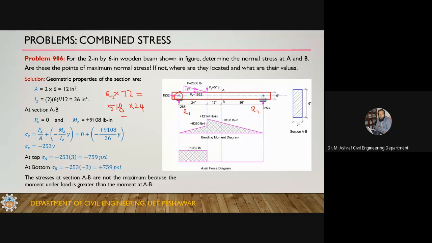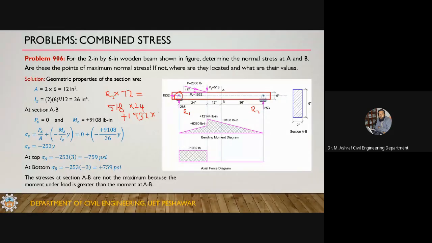minus, there's this force also, 1932 into what? No, this should be plus, because this is also clockwise and this is also clockwise.